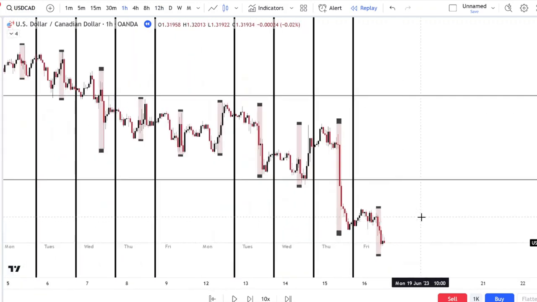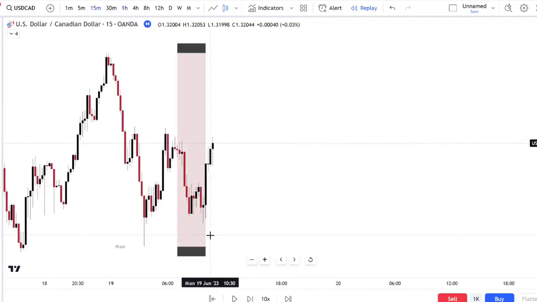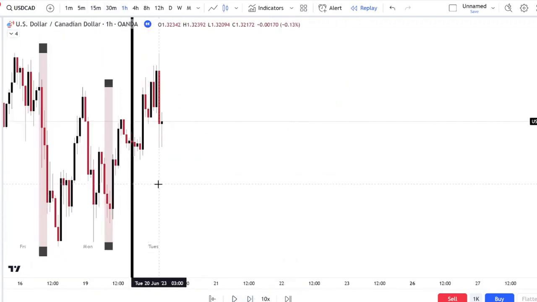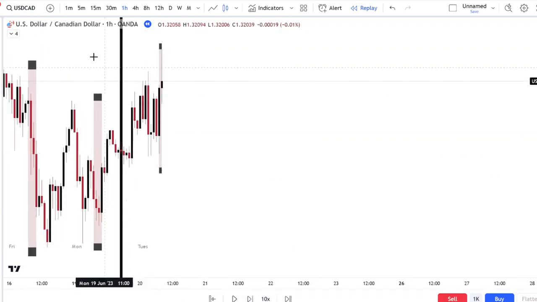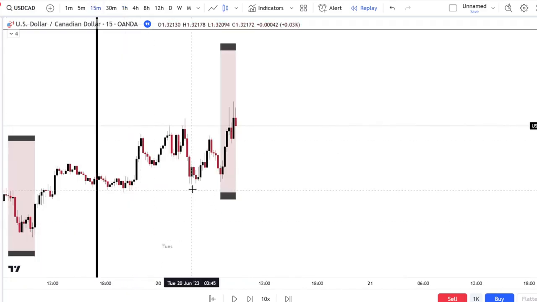So let's watch price play out. Okay, so we had the low and the high. Now the low was set in this previous session. We have the high so far.